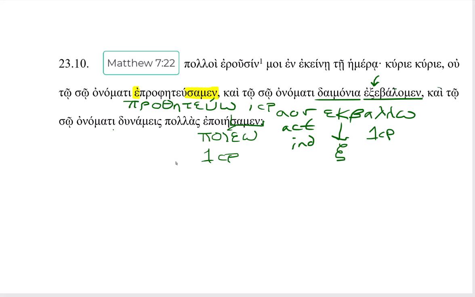And then Jesus says, depart from me, I never knew you, you workers of iniquity. So they thought they were doing a lot of good stuff, but it turns out that they were not doing the will of the Father in heaven, as Jesus said in Matthew 7:21. Okay, so those are some examples of first and second aorist from the New Testament.